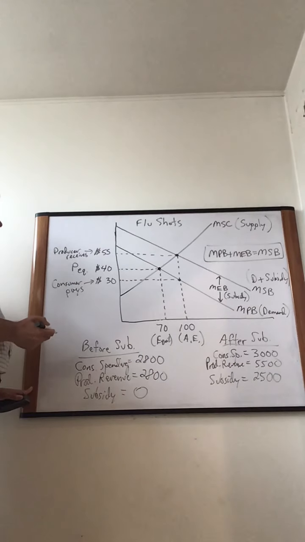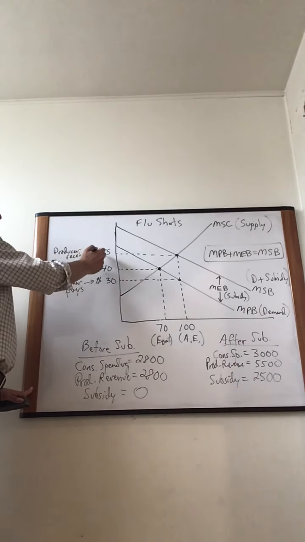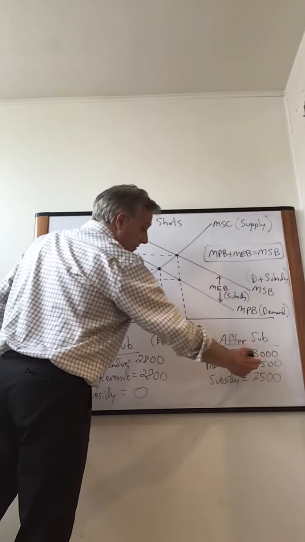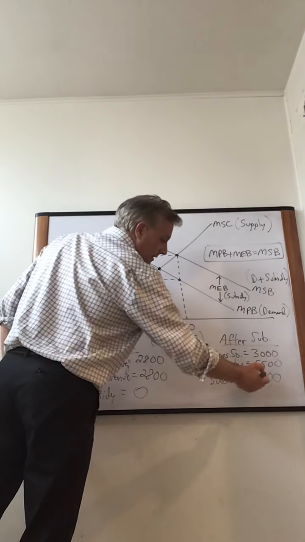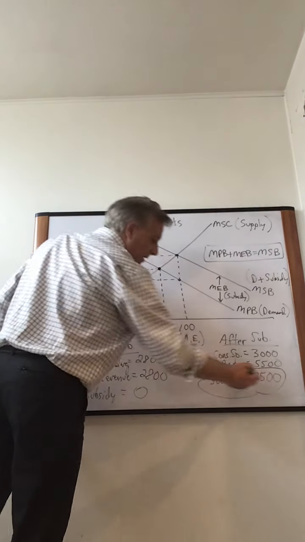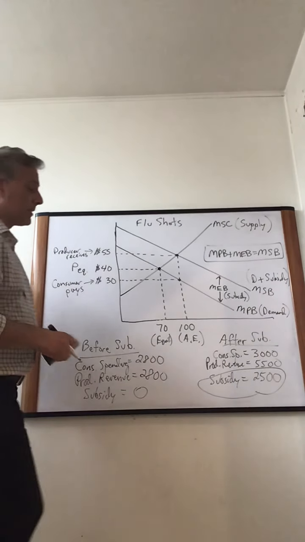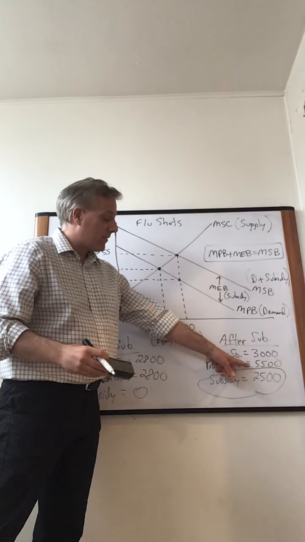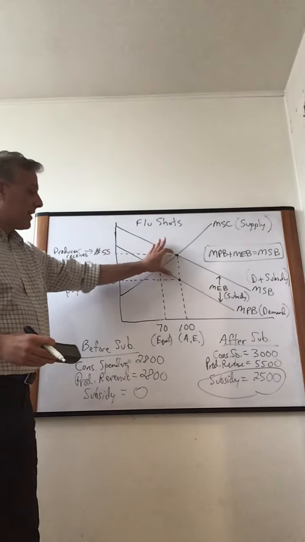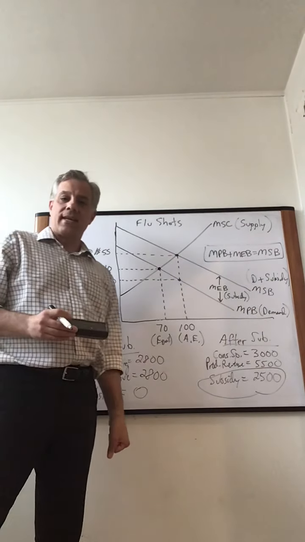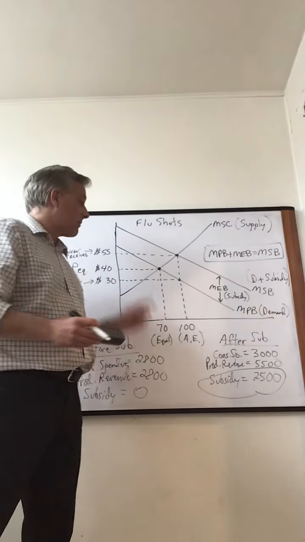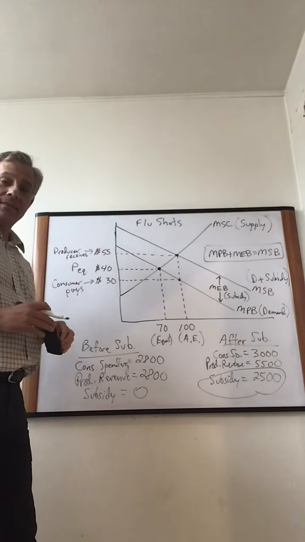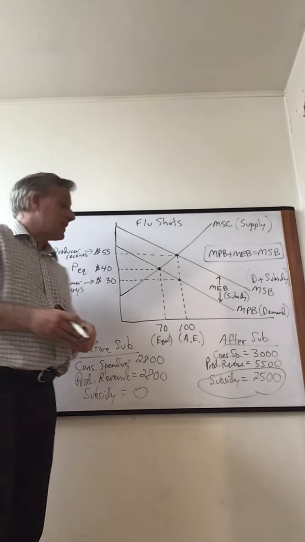The total producer revenue is going to be 55 times 100, or 5,500, which means that the subsidy has got to pick up the slack. The consumer is only spending 3,000 and the producer is receiving 5,500. That $2,500 balance has got to be picked up by the government. That's the total subsidy. The per unit subsidy is $25.